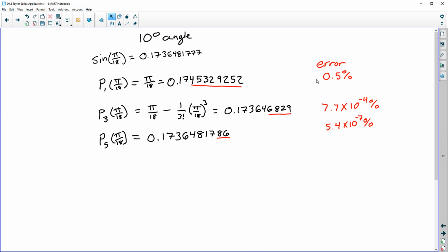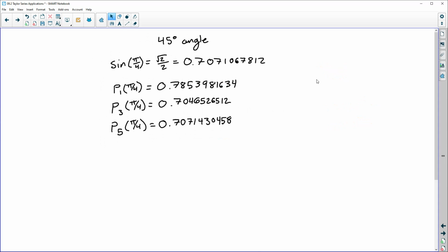So it does not take a lot, only really 3 polynomial terms to approximate sine at an angle below 10 degrees very well. So let's ask the question, what happens when you approximate away from where the Taylor polynomial series is centered? Sine of 45 degrees is the square root of 2 over 2, or written out in its decimal form, you can see this.